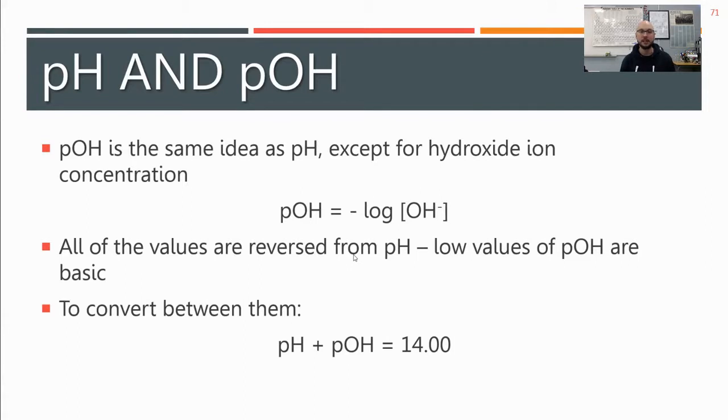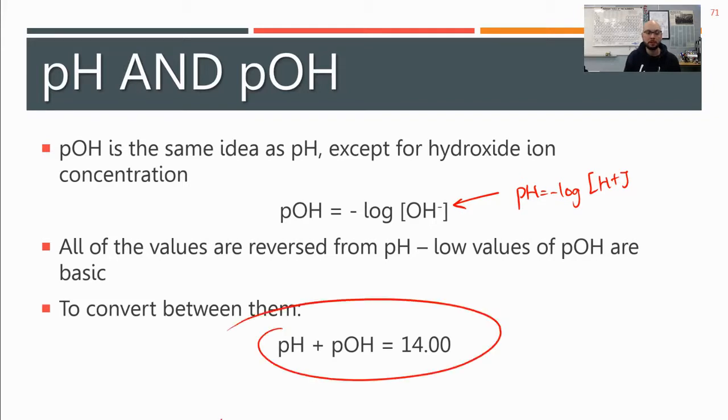So pH is the same idea as pOH. When we're trying to figure out the pH of something, all we're going to do is take the negative log of it. So pH is equal to the negative log of the concentration of H plus. pOH, the exact same thing, is equal to the negative log of OH minus. Together, they add up to 14.